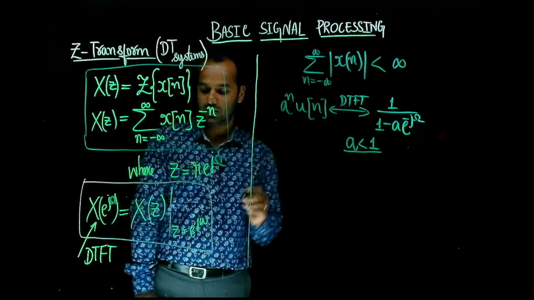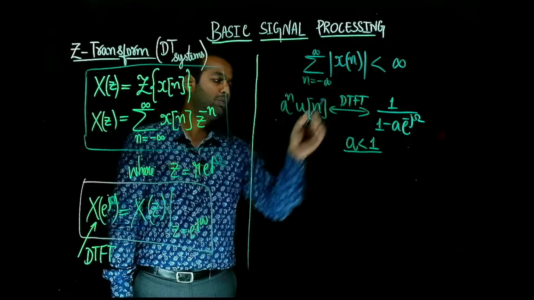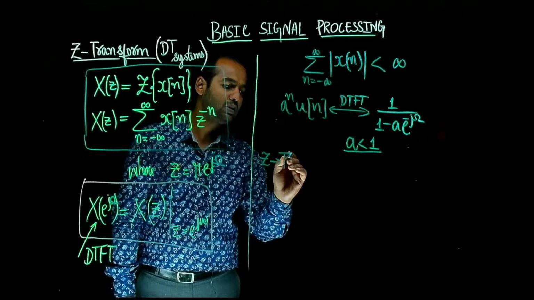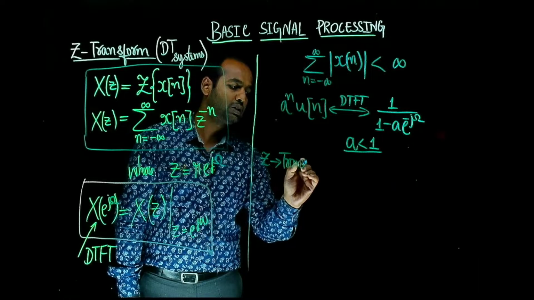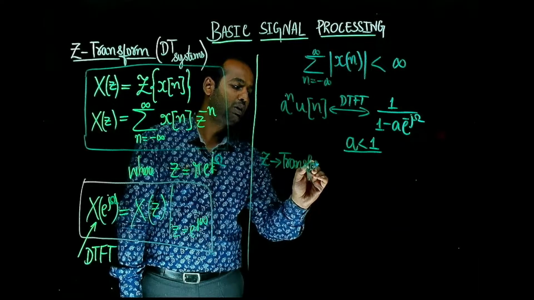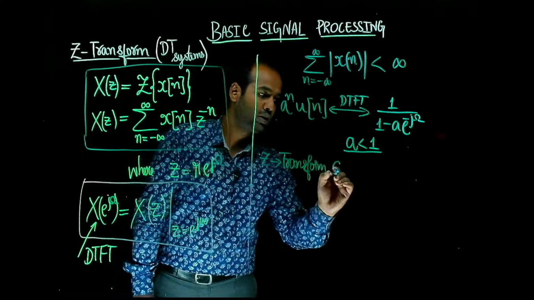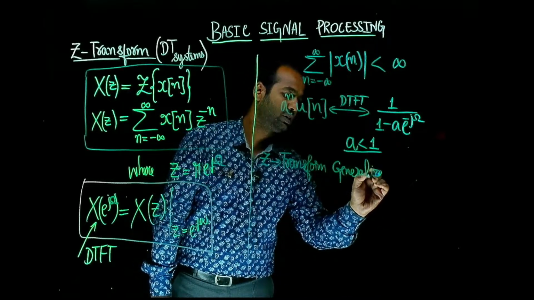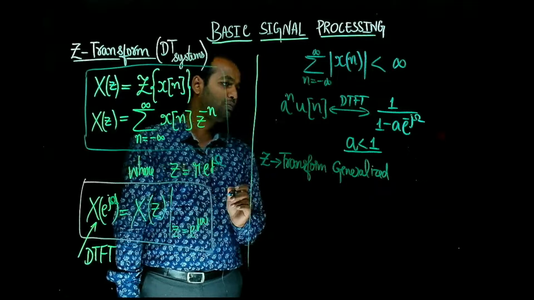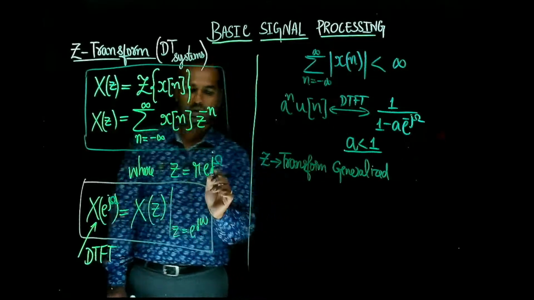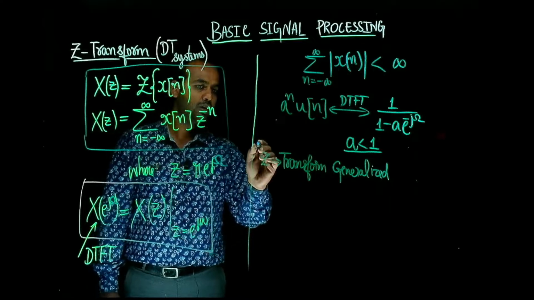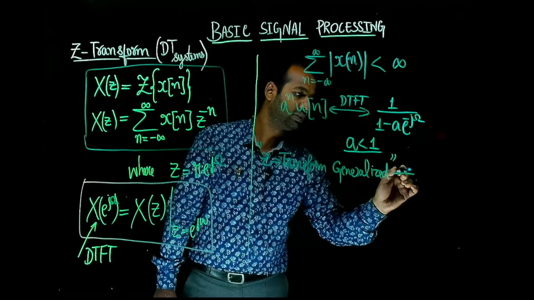Irrespective of whether the sequence is absolutely summable or not, Z transform exists. Hence, Z transform is a generalized representation for any arbitrary discrete time signal. And the special case of Z transform evaluated on a unit circle results in DTFT.